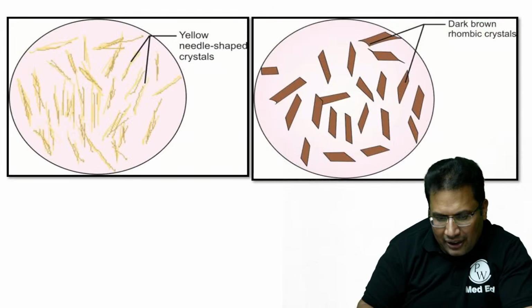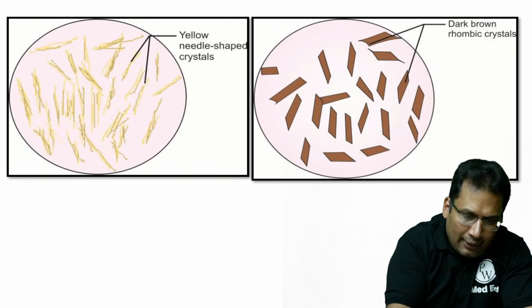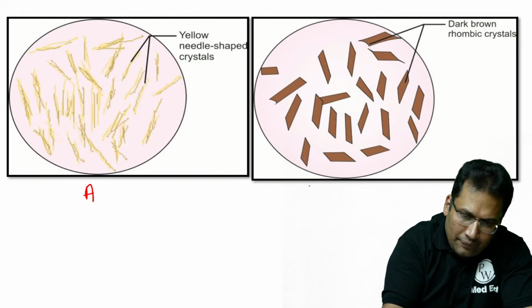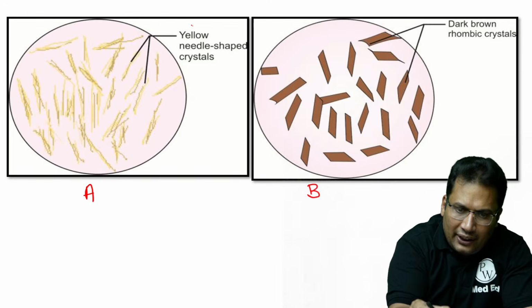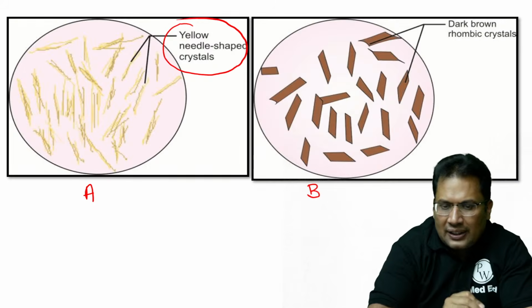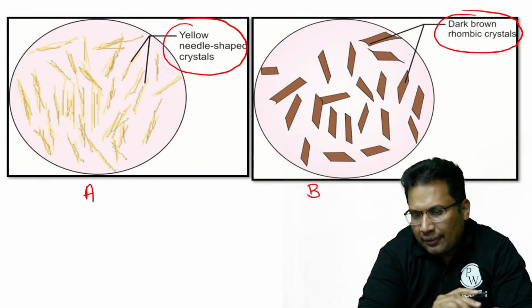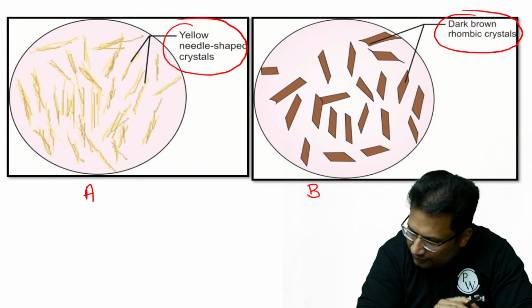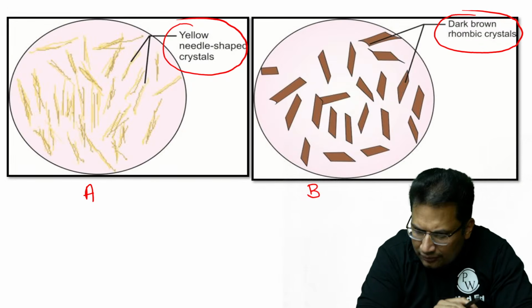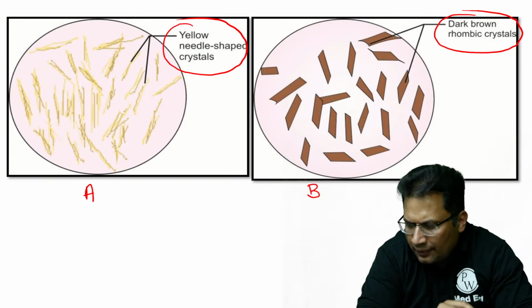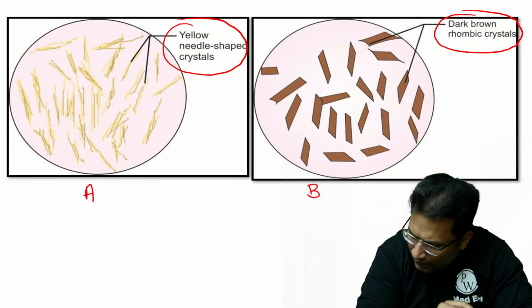All these are our tests. Now look at this image and try to answer A and B. In A, yellow needle-shaped crystals are there. In B, dark brown rhombic crystals are there. Can you identify the test? Come on, guys.